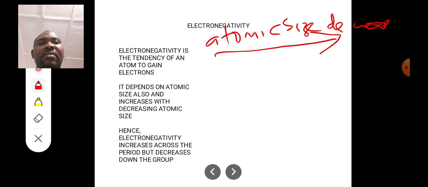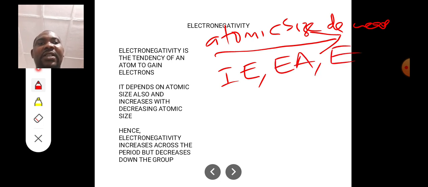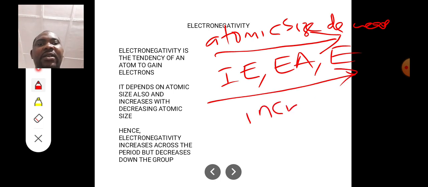But these guys, ionization energy, electron affinity, and electronegativity, all of them increase across the period. And any quantity that increases across the period will decrease down the group, and so on and so forth. This is important for you to note.